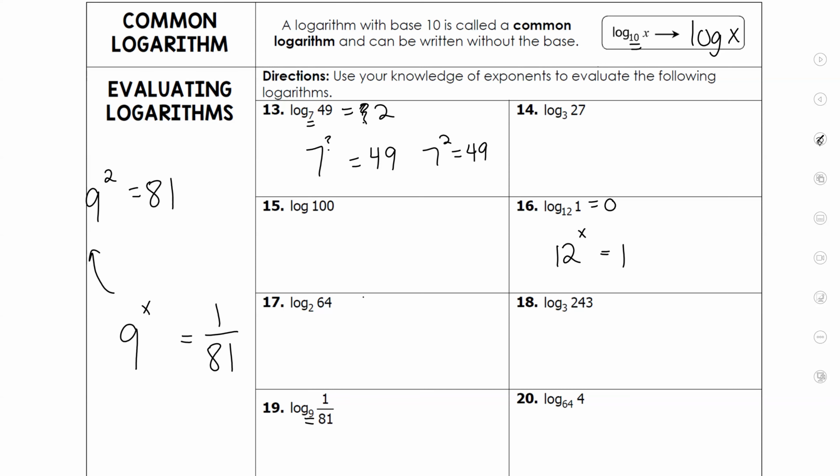If I put a negative right here, you'll have to put this in the denominator. Because remember, anything to a negative power, you put it in the denominator to make it positive. So this will become 1/81. So the answer to this one is -2. Your exponent needs to be -2 to get this answer.